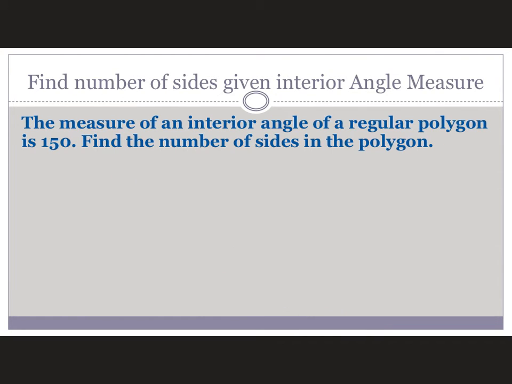So find the number of sides given interior angle measure. The measure of an interior angle of a regular polygon is 150. Find the number of sides in the polygon. So it's regular, so that means that all the angles are equal. And so we need to find the number of sides, which is n, right? So we know that the sum is equal to 180 times n minus 2. And in this case, our sum is going to be 150 times the number of sides because it's regular and each of those angles is 150.